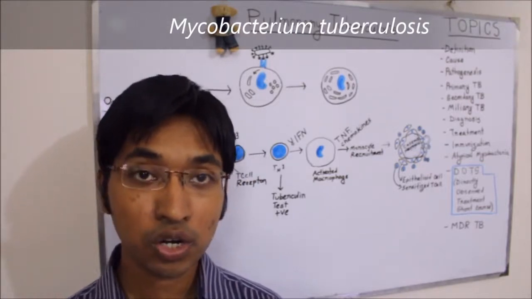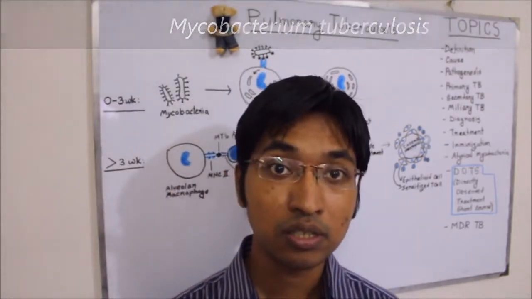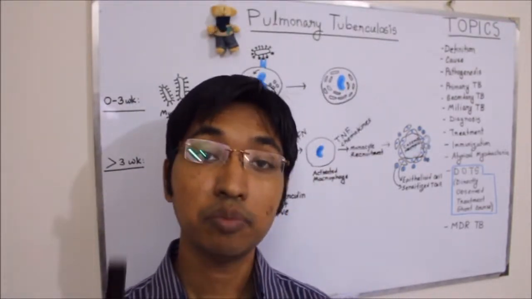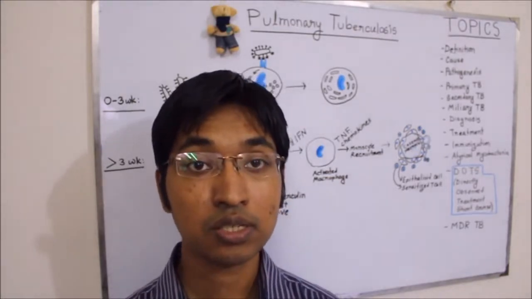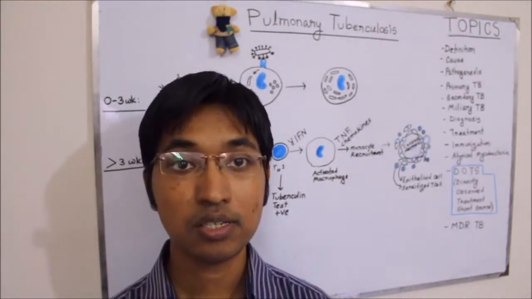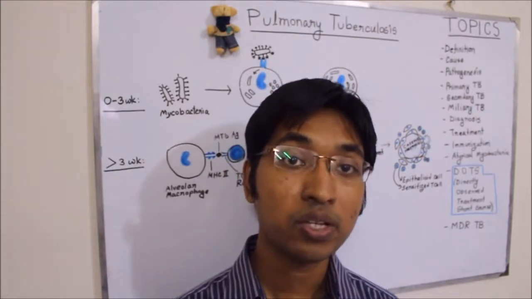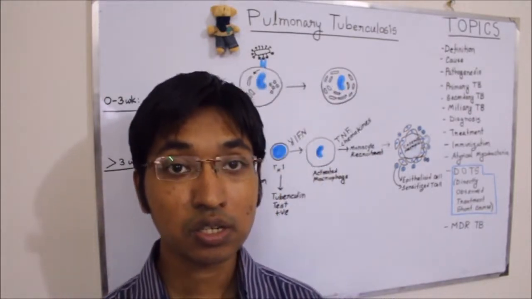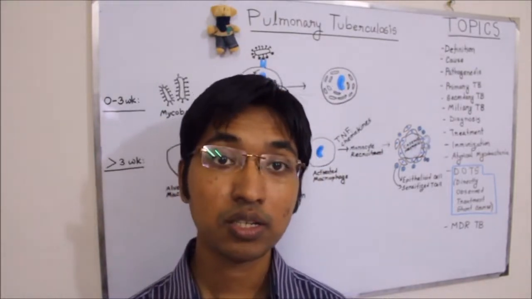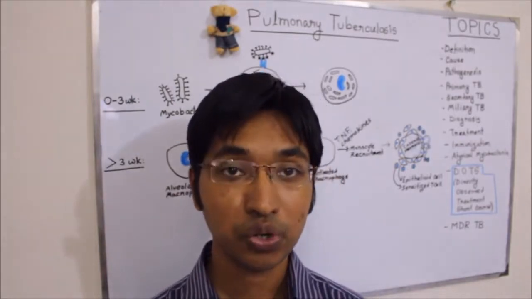It can occur in different tissues and organs, but the most common site for this bacterial infection is the lungs. And when there is tuberculosis in the lungs, that is known as pulmonary tuberculosis.